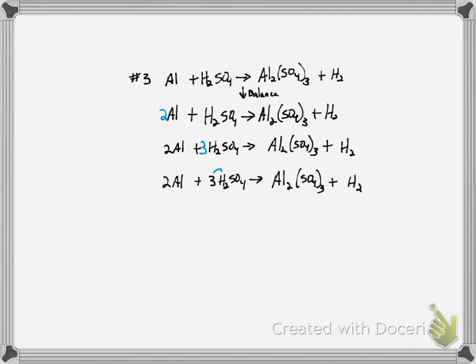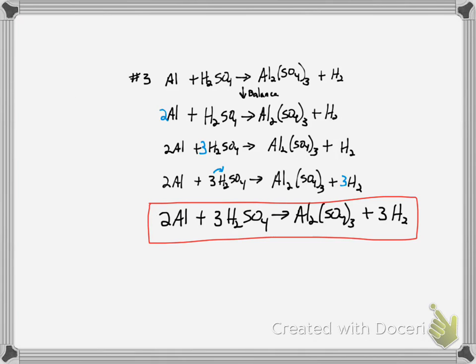And finally, because this 3 applies to this hydrogen, I'm going to add a 3 here to make that equal. Okay, and here is my final equation. 2 aluminum plus 3 moles of H2SO4 yields aluminum sulfate plus hydrogen gas. Now we're done. Check plus.